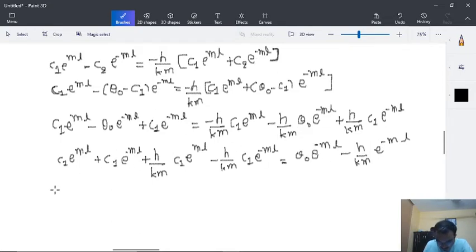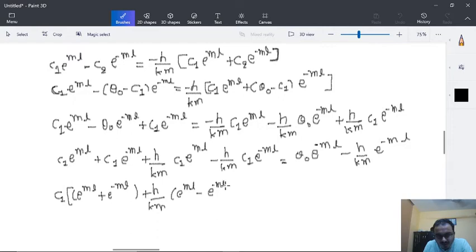So now we will take C1 as common: e raised to mL plus e raised to minus mL plus h by km, e raised to mL minus e raised to minus mL, bracket over, is equal to theta 0.